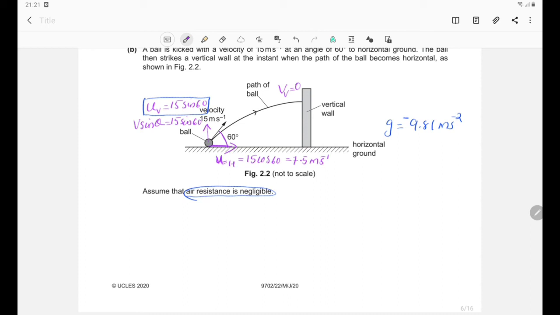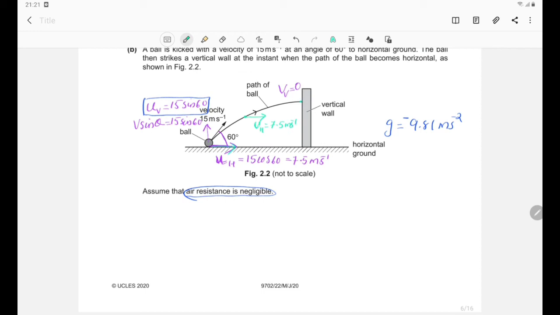And this horizontal velocity will be the same throughout the motion. Anywhere you consider, this 7.5 is the horizontal initial velocity. If the ball is somewhere here, if you check, its horizontal velocity will remain the same. That will be at this moment again the same as the initial horizontal velocity.